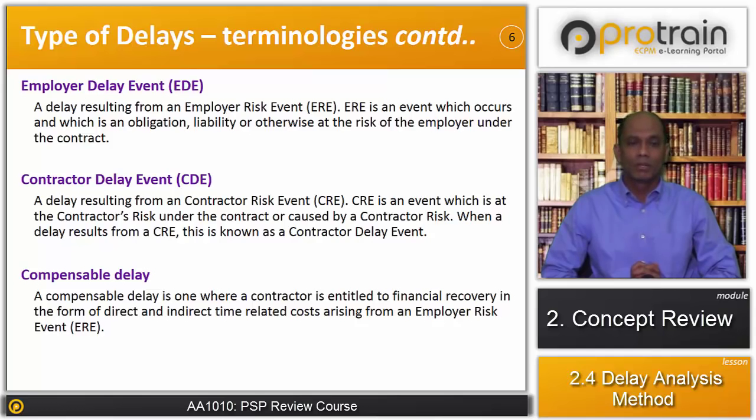So when we talk about any delay, the delay can be compensable and non-compensable. Now, if there is a delay and the contractor is paid in the form of direct and indirect cost, then it will be called compensable delay.